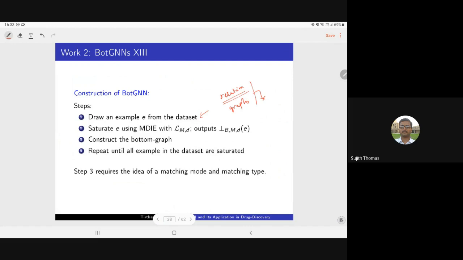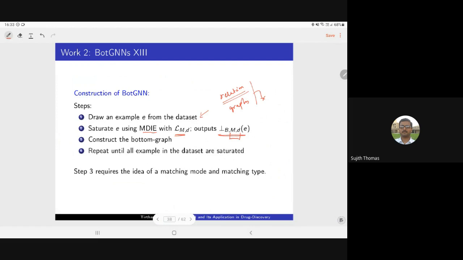Now, once you have drawn an example, saturate E with MDIE with the language constraint, the set of modes M, and the depth, and obtain the output, the bottom clause B, M, D of that. So you now have this mode declaration and depth added to this bottom clause.